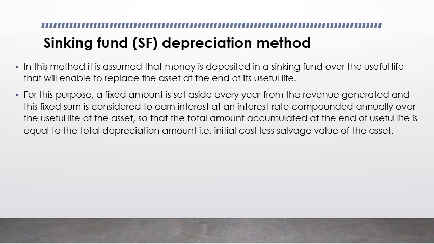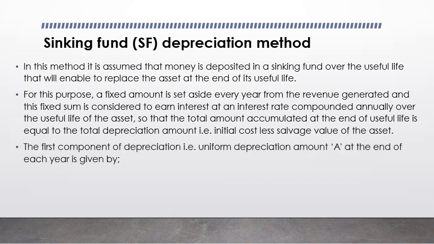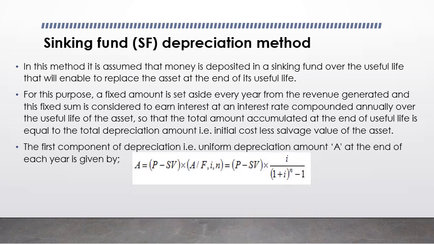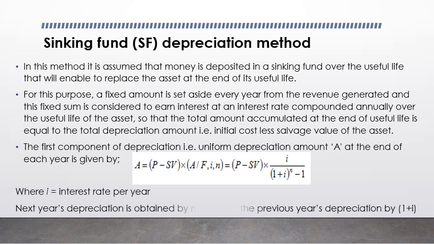As a result, the depreciation value goes on increasing as we move further. It is given by (P minus SV) multiplied by A/F, i, n, that is nothing but i divided by (1 plus i) to the power of n minus 1, where i is the interest rate and n is the total number of years.